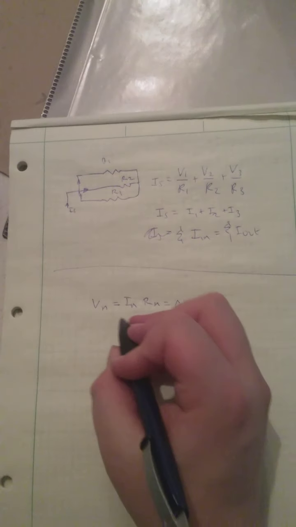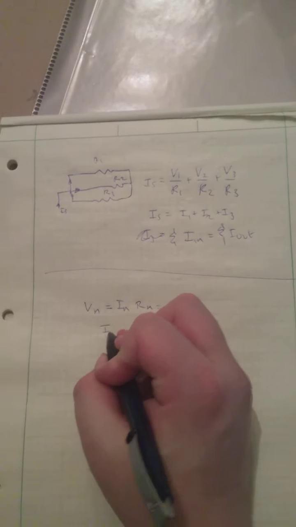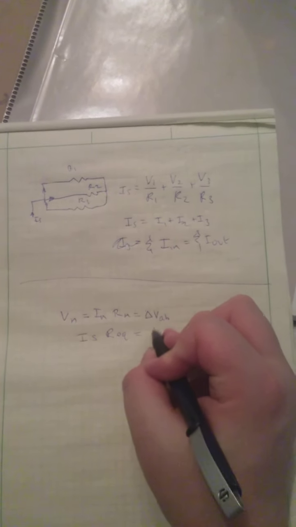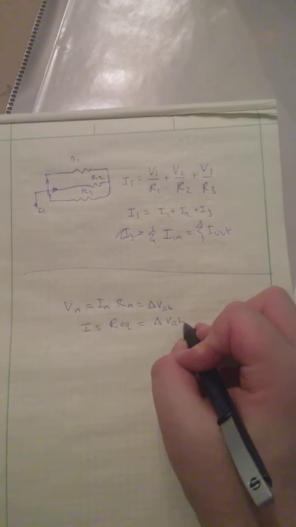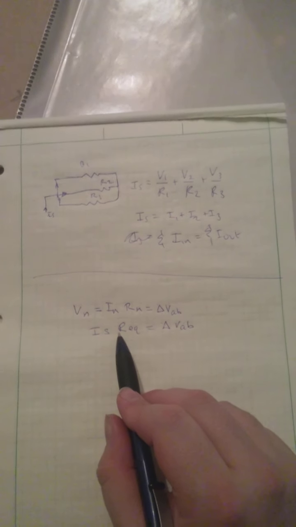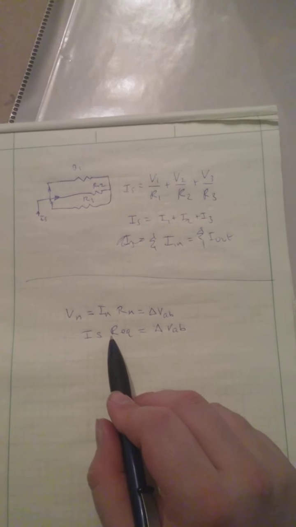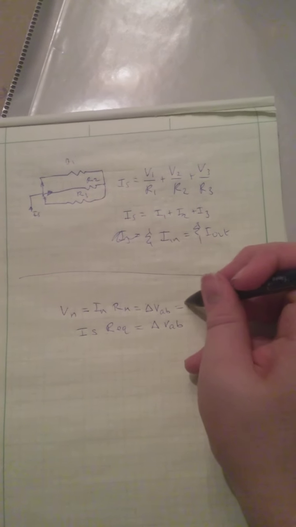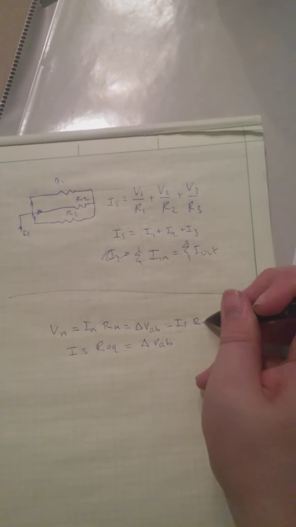So if we simplify this down, Is Req is the same as delta V A to B. Right. So we can put this up here. Is are equivalent.